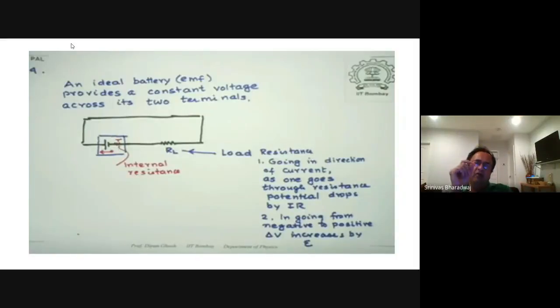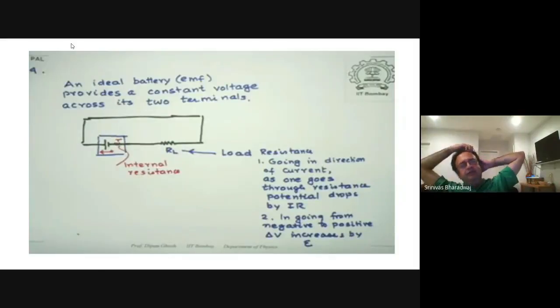Now I squared times RL is the power that is absorbed by RL. It's not VI. It is VI if you find the voltage across RL.